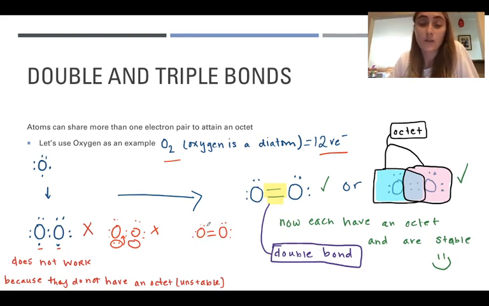So 1, 2, 3, 4, 5, 6, 7, 8 around this oxygen, and 1, 2, 3, 4, 5, 6, 7, 8 around the other. Remember earlier I said when you have this shared or bonded pair, you actually count it twice. This counts for 2 towards this oxygen, and it also counts for 2 towards this oxygen. So if you are struggling to find an octet for each element as you're bonding 2 elements together, it may be because you need a double bond.